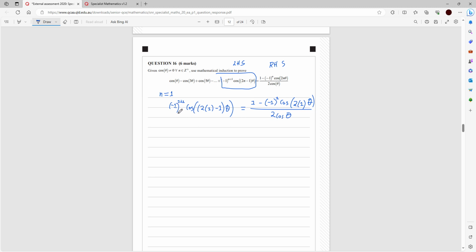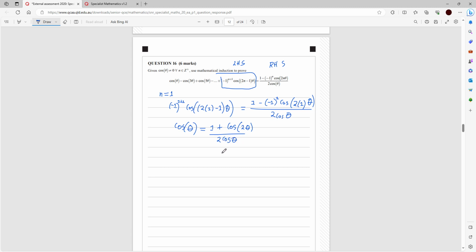So here we've got negative 1 to the power 2, which is just 1, so we have cos, and then 2 times 1 minus 1, so all we have here is cos theta. Over here we have negative 1 to the power of 1, which is still negative 1, but it's being multiplied by negative, so you have 1 plus cos of 2 theta on 2 cos theta.